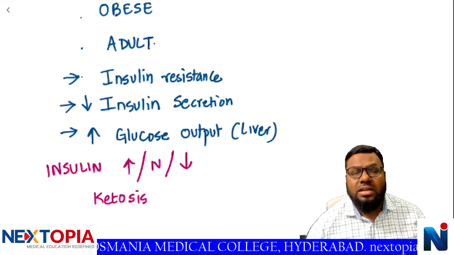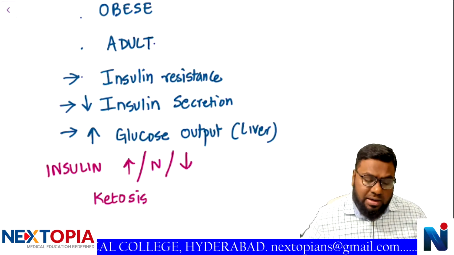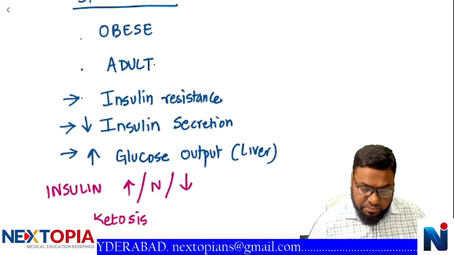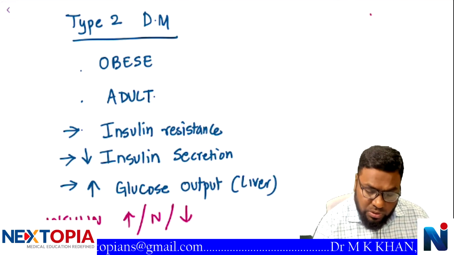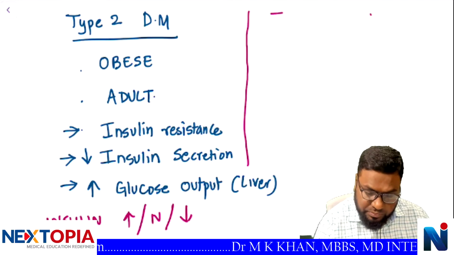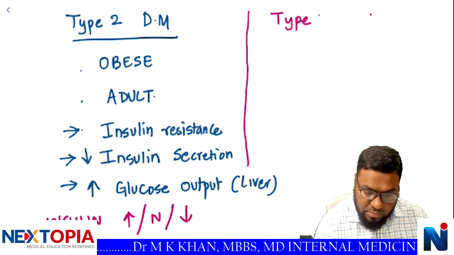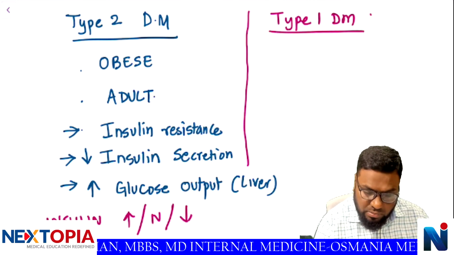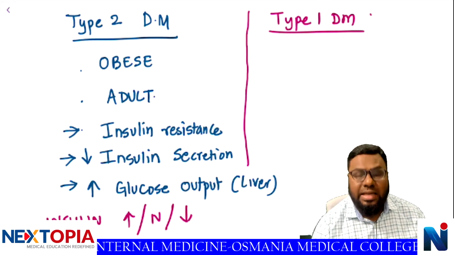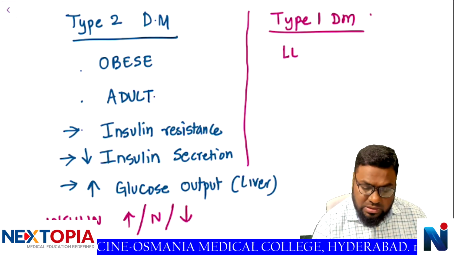Let us now discuss type 1 diabetes mellitus. Type 1 diabetes mellitus is rare when you compare to type 2 diabetes. It is usually seen in lean individuals.